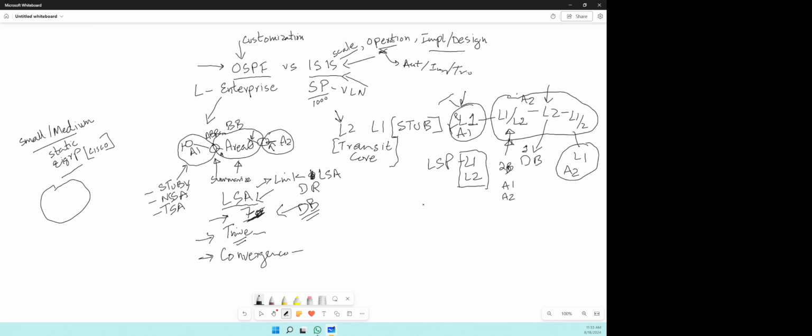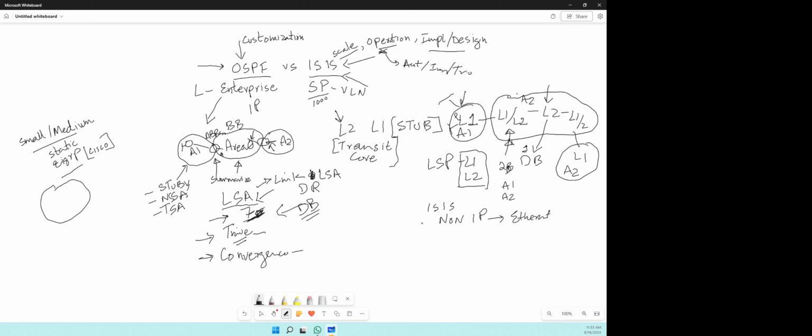The other good thing about ISIS is it is a non-IP protocol. That means it doesn't require the IP protocol. OSPF is an IP-based protocol. You need IPv4, v6. ISIS sits directly on the Ethernet frame. So that's another advantage.